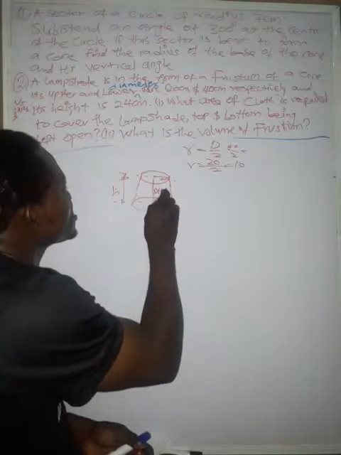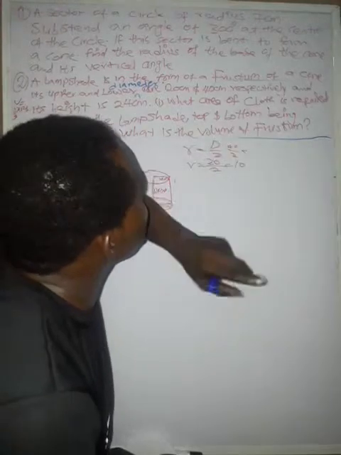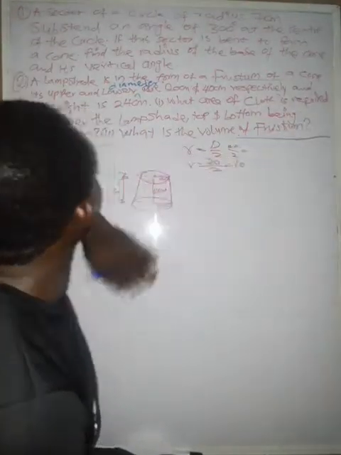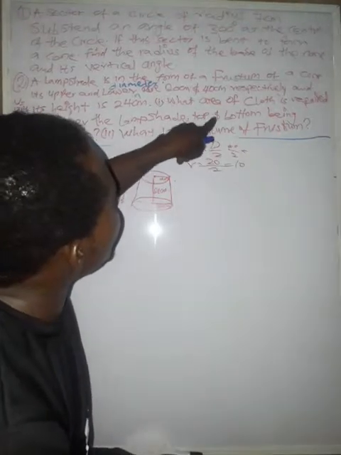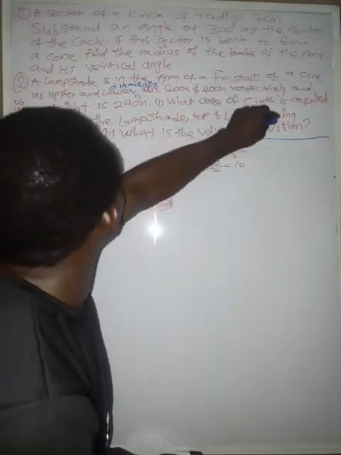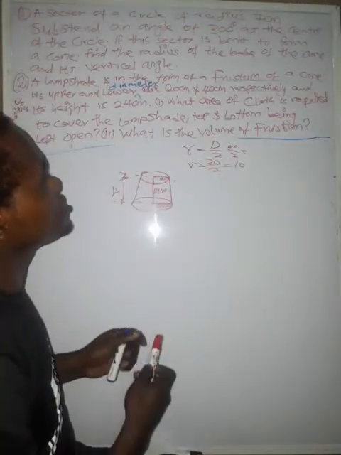So now the question is, what is the area of the cloth required to cover the lampshade, top and bottom being left open? You see the question.